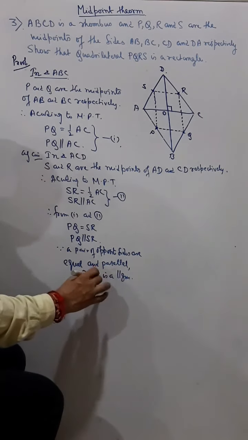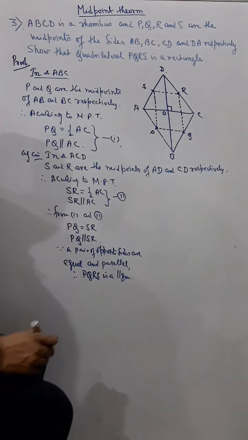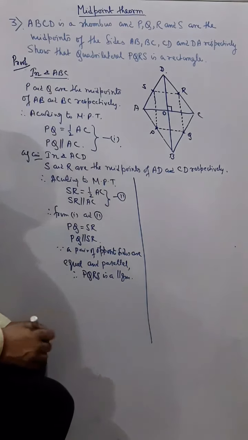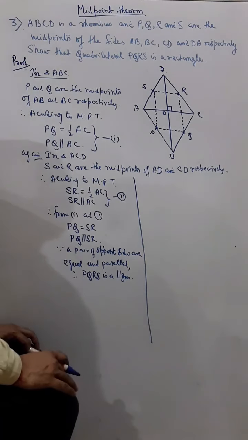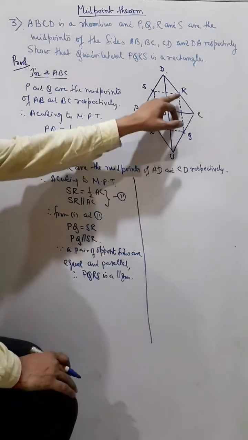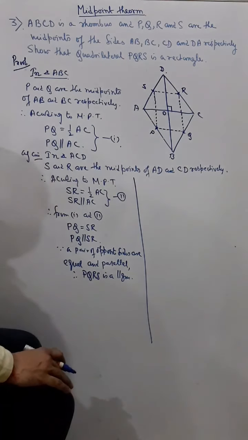Okay, the first part is over. So we have proved PQRS is a parallelogram, but we have to prove that PQRS is a rectangle. So a rectangle is also a parallelogram, but in which all angles are 90 degrees. So we have to prove that. Now see.